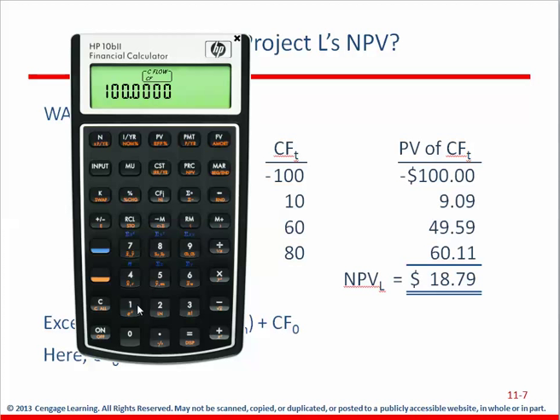That was supposed to be negative, so let me clear all and start over. All right, so I have negative 100 as my cash flow 0, and then 10 is my cash flow 1, and the 1 pops up there. 60 is my next cash flow, and 80 is my next cash flow.